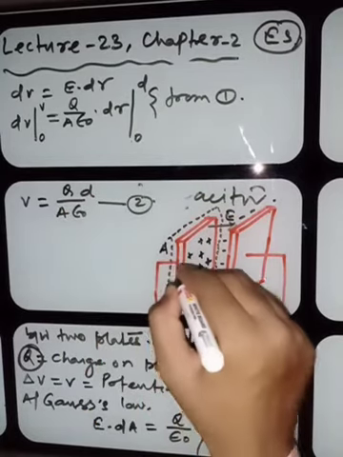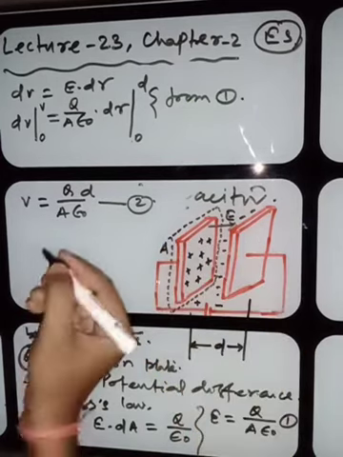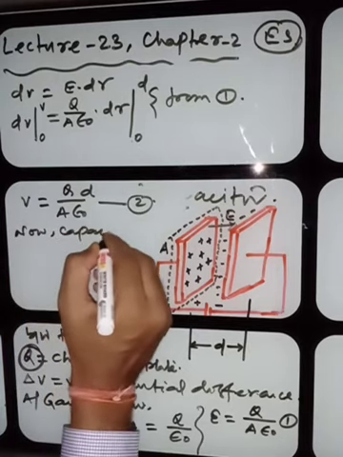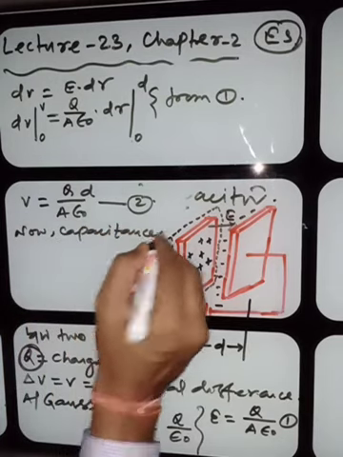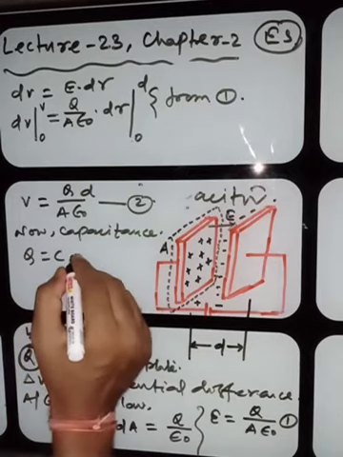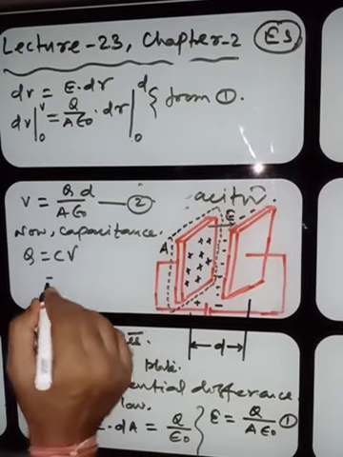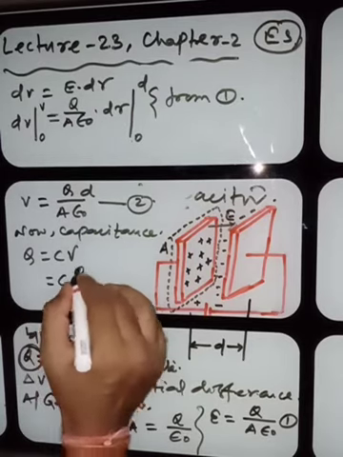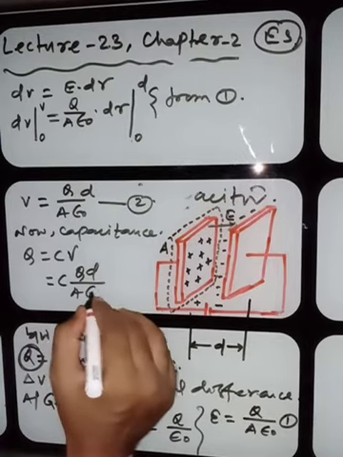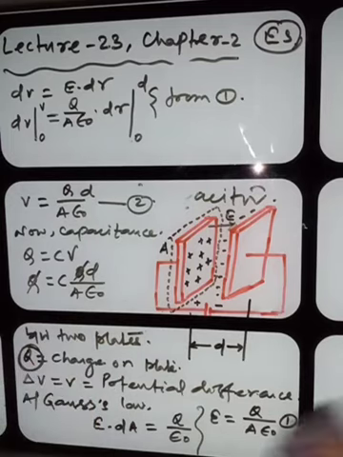Now the third step was to find the capacitance. Q we can write as C times V, that is delta V. So it is C times V, where V is Q D by A epsilon naught, and the Q will cancel out.